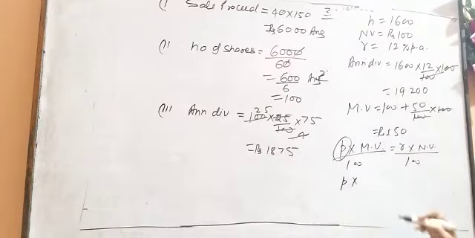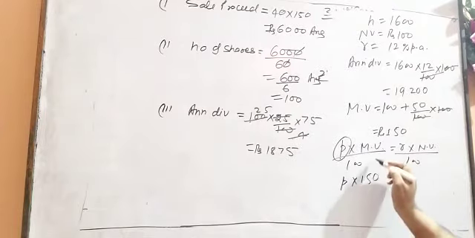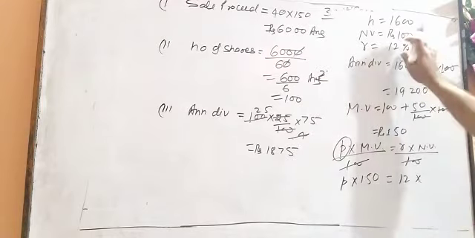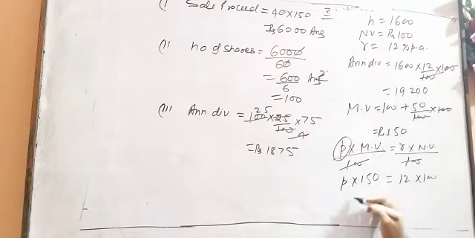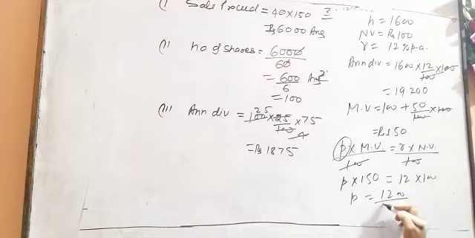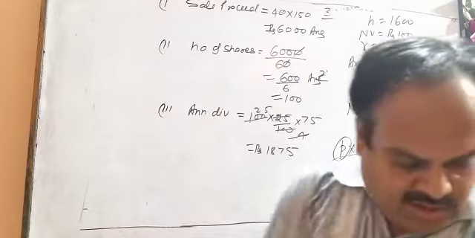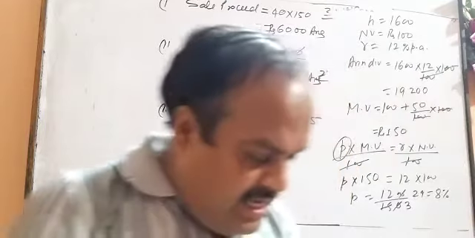So P into 150 is equal to rate of dividend declared 12 into nominal value 100. So P is equal to 1200 upon 150 percent. So return is 8%.